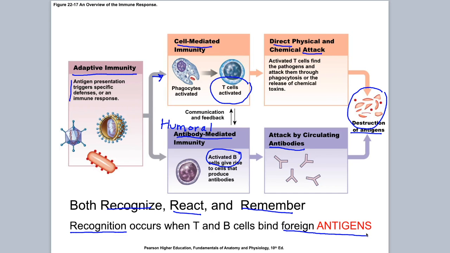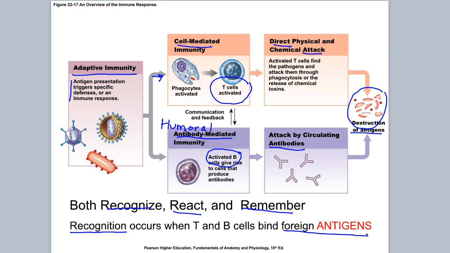I know we've talked about antigens before, because we talked about the A antigen, the B antigen, and the Rh factor in blood typing. But I just want to go over really briefly what an antigen is in case we forgot. An antigen is some little molecular piece of, in this case, some foreign particle. It can be something in our own body, but we don't want to focus on our own antigens right now.